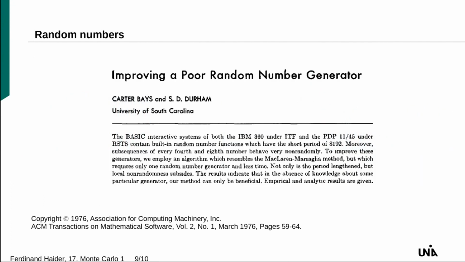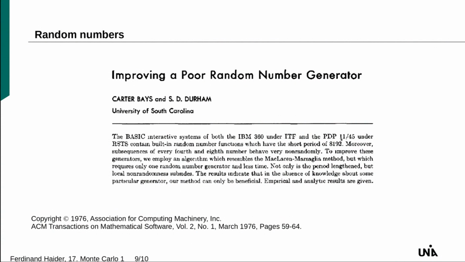And here are some words. Did you already show this one here? That in the past, very bad random number generators were used. This is from 76, so they had a period of only 8,000-something. I don't know whether you know the PDP computers and the IBM computers. IBM is still known. So there is a real lack of randomness here.